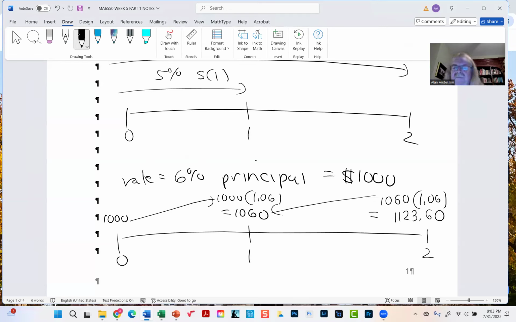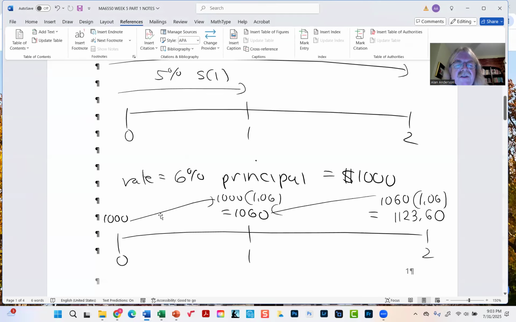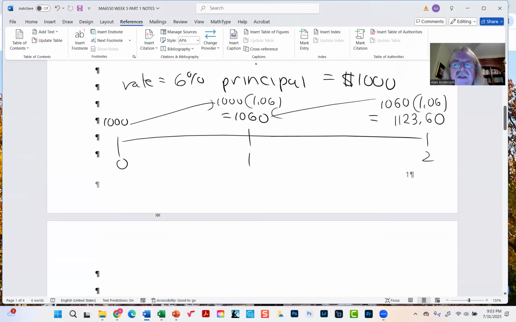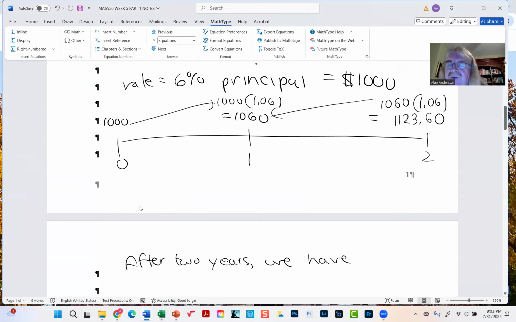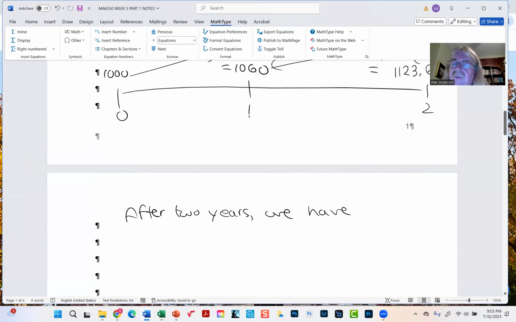Okay. Now, by the way, although we didn't mention this in the slides, I just want you to see something interesting here. At the end of the 2 years, we have $123.60 worth of total interest. You can tell because the final value of this deposit is 1,123.60. The $1,000 is the original deposit or principal.